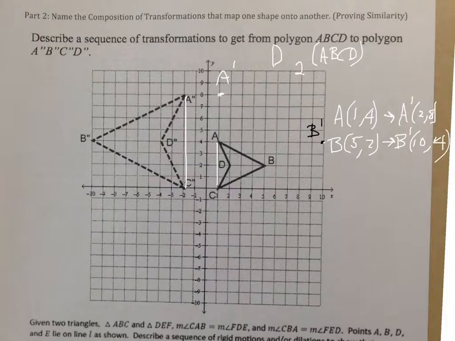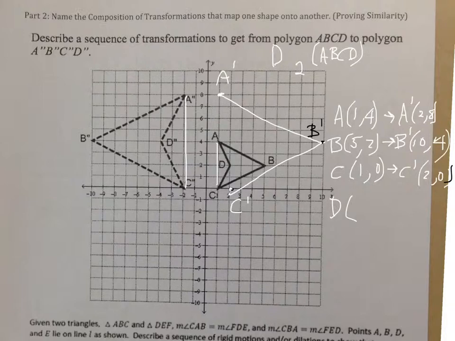And C was at 1, 0. When I dilate it by 2, it turns into 2, 0. So the brand new point C would end up right there. If I connect those together, I got the beginning of it. I just need one more point.